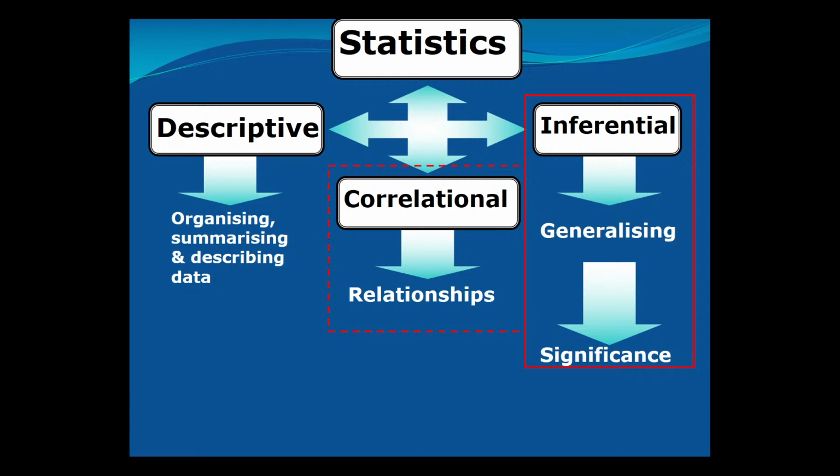Correlation or correlational statistics describes a relationship between some variables. Inferential statistics. We use inferential statistics to generalize our knowledge, our thinking, and we use it to estimate significance.